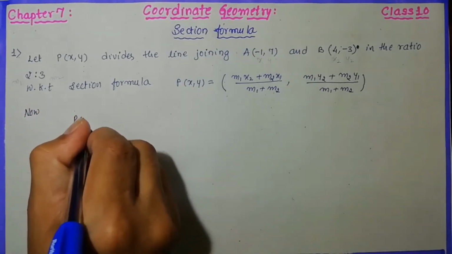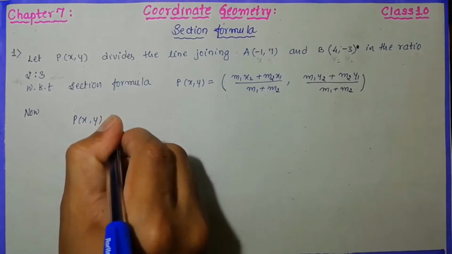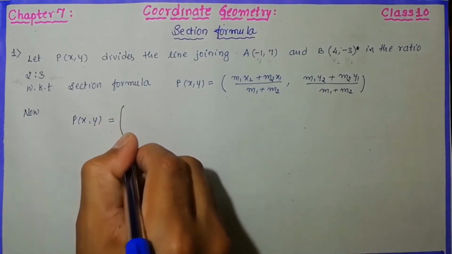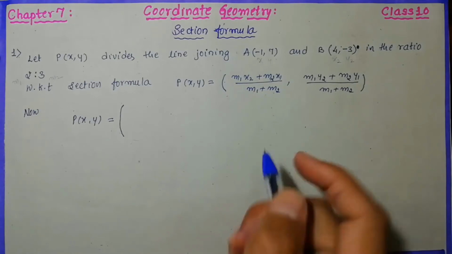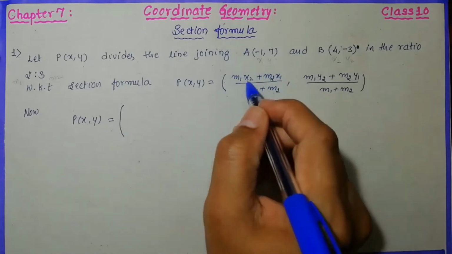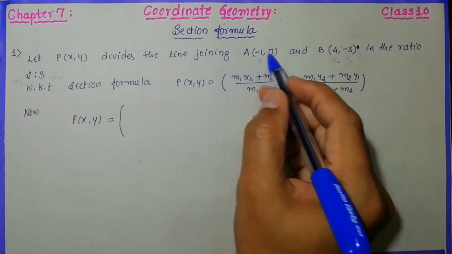Now P(x, y) is equal to, I'm going to substitute. While substituting you should be very careful about m1, m2, x1, x2, y1, y2. Now look here, for x you only have to consider x1 and x2. This is x1 and this is x2.